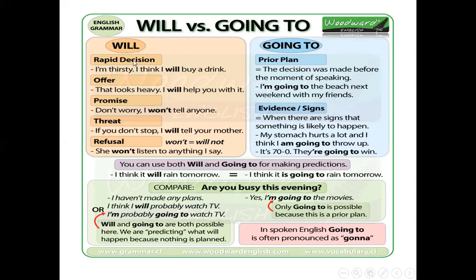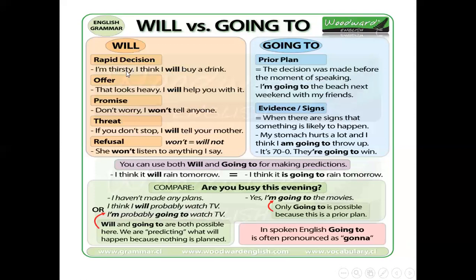Please concentrate with me. First, I use will with rapid decision. What do I mean by rapid? It means quick decision. So here, I am very thirsty now. What should you do in this case? Okay, I think I will buy a drink. So this is a quick decision.